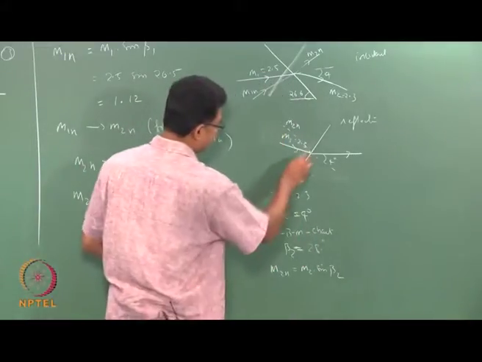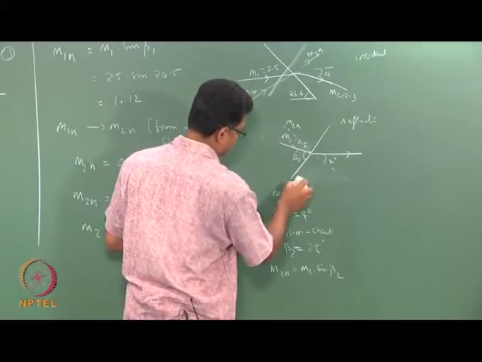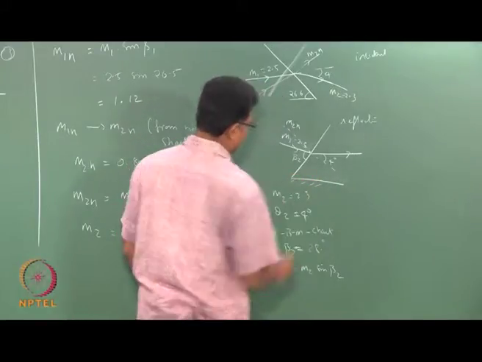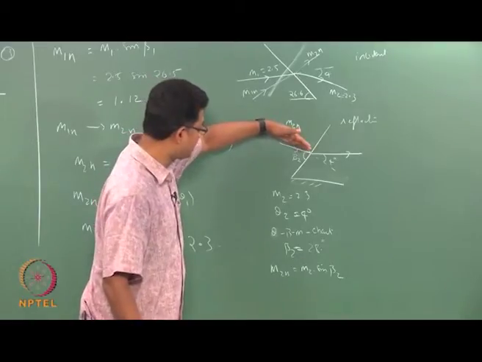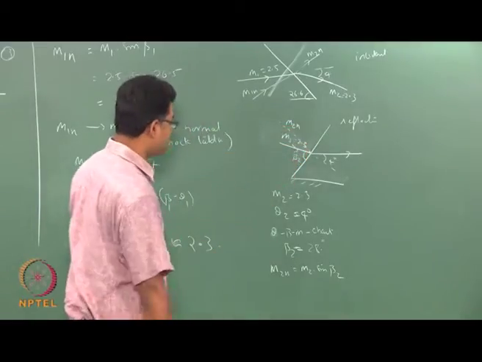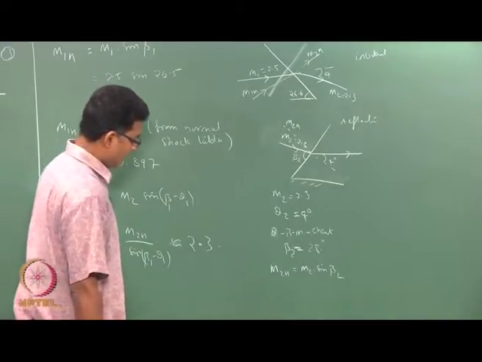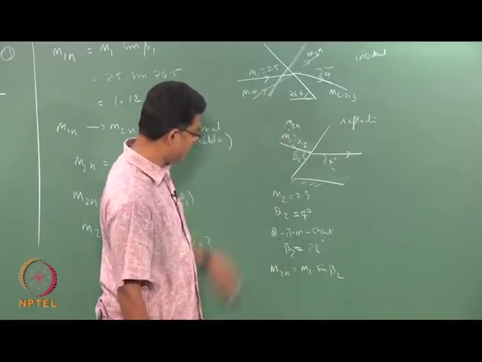This would be beta 2, the angle with which it comes and hits the shock, the angle between the velocity vector and the shock. Okay, so M2n is normal to this.